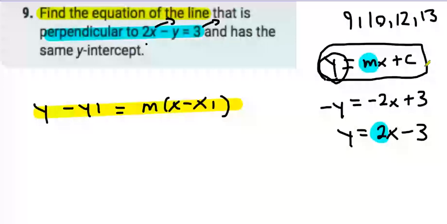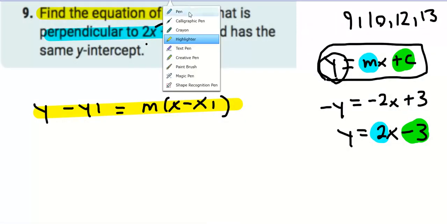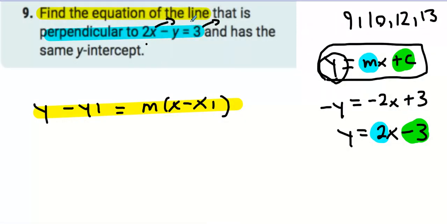And the c value, where's the c value? Is there. Okay, so what's the slope? Slope is 2. The intercept? 0, minus 3.